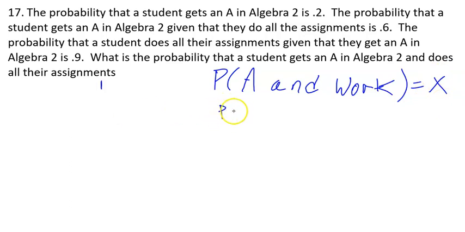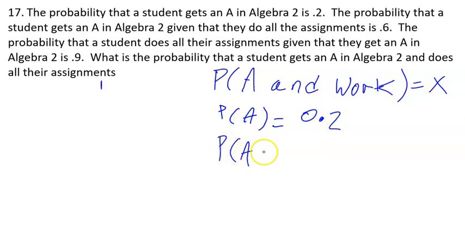They've given us the probability that a student gets an A is 0.2. The probability that a student gets an A, given that they have done all of the work, is 0.6.